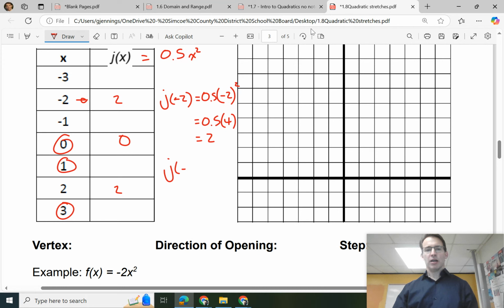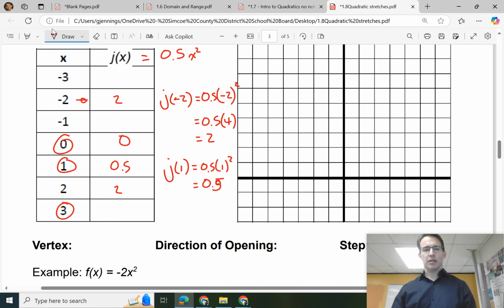j at 1 is equal to 0.5 times 1 squared. That's just 0.5.